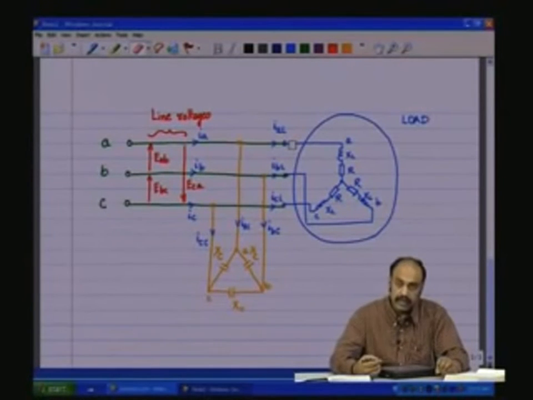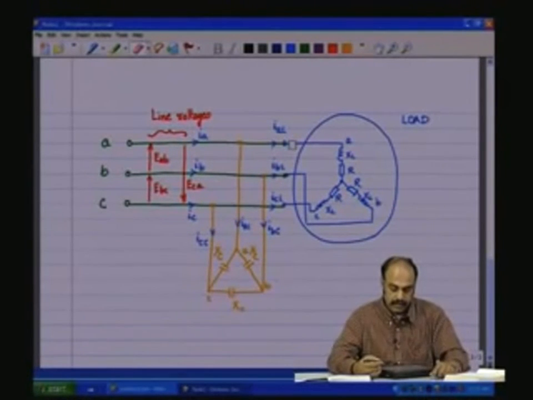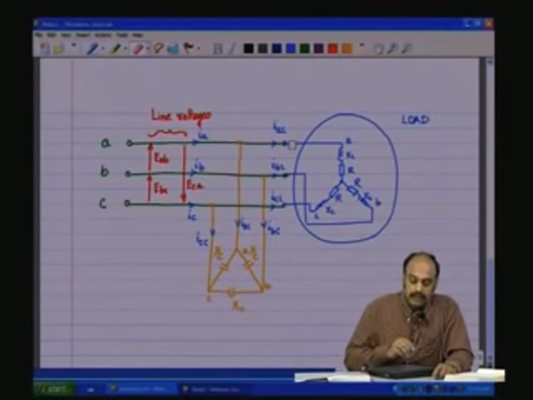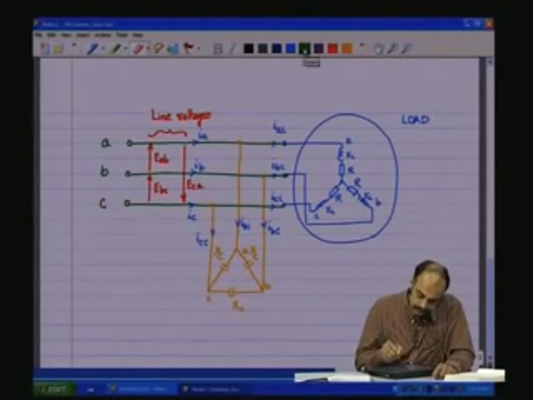So, let us have the line voltages as our reference, and from there let us try to build up our phasor diagram.